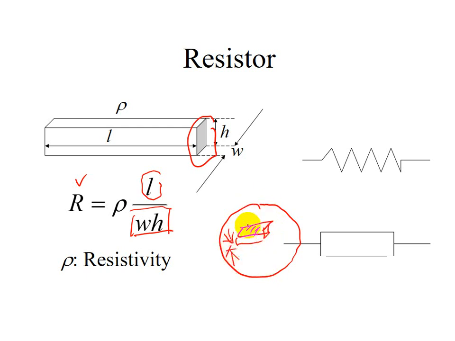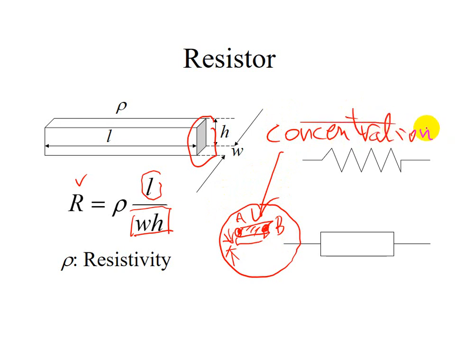Within this area, from point A to point B, the conductivity is controlled by the concentration of the dopant that you introduced, either boron, arsenic, or phosphorus.